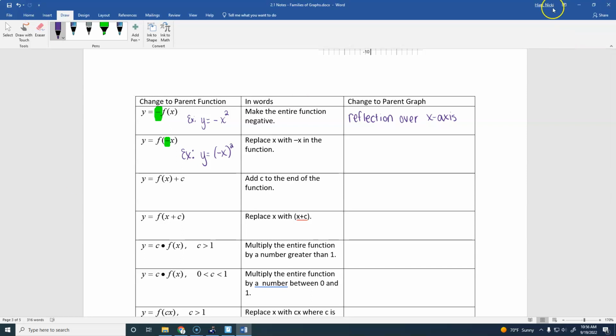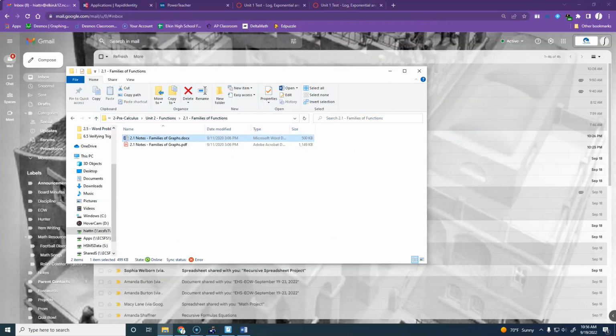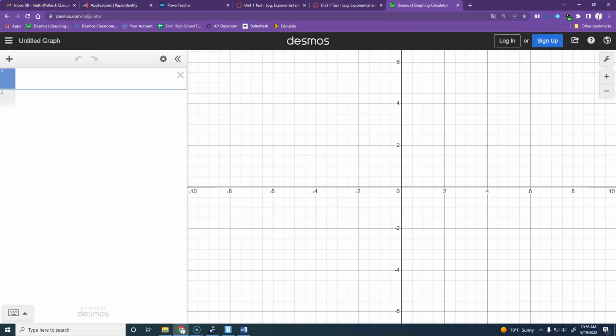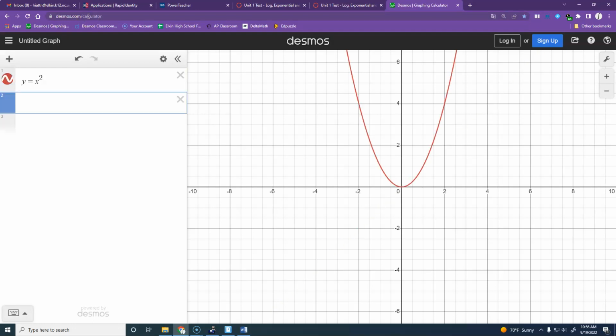Here, let's graph these two on Desmos and see. You don't need to get out your computers, I'll just graph it up here for us. So there's the parent function. You can see this one we just did: if I put the negative out here, it just flips it over that x-axis. All right, what about if I put the negative in the parentheses?